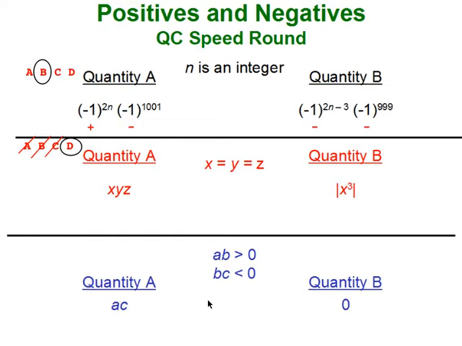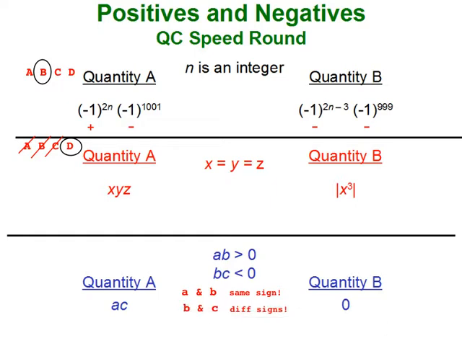So what we know is not whether A and B are in fact positive or negative. What we know is that whatever they are, they're the same. If A is positive, then so is B. If B is negative, then so is A. And likewise, with BC being less than 0, we don't know which one's positive and which one's negative. We simply know that one of them is positive and the other one is negative.